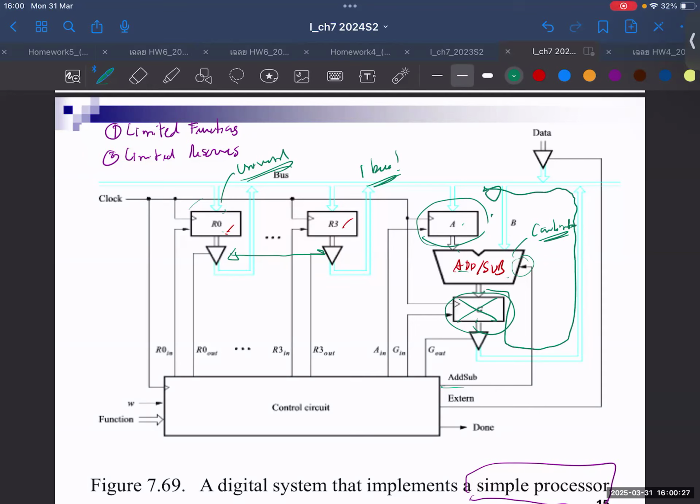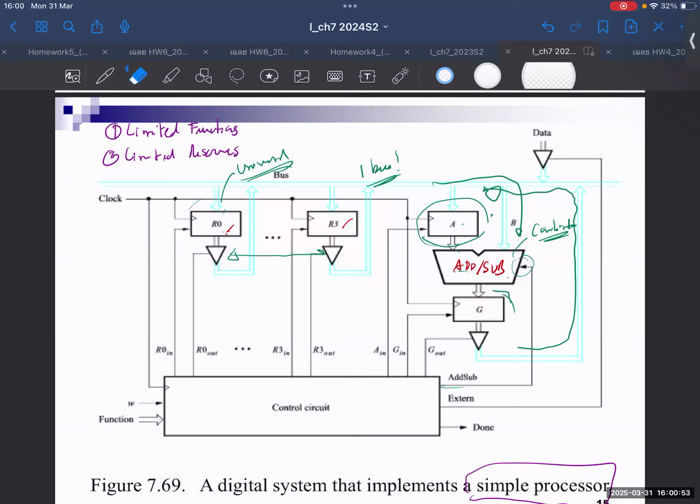What happens? It will collide with the data entering B, right? That's why you need to store it first. Don't get that messed up, or your result will be crashing over and over. That's why you need G here, to store temporarily first and then move it later on once the bus is free.